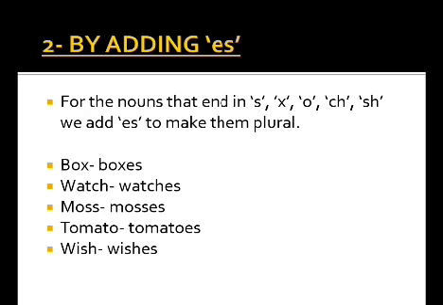So it becomes boxes. Similarly, watch ends in ch. The plural is watches. Moss ends in s. The plural is mosses. Tomato ends in o. The plural is tomatoes. Wish ends in sh. So the plural is wishes.